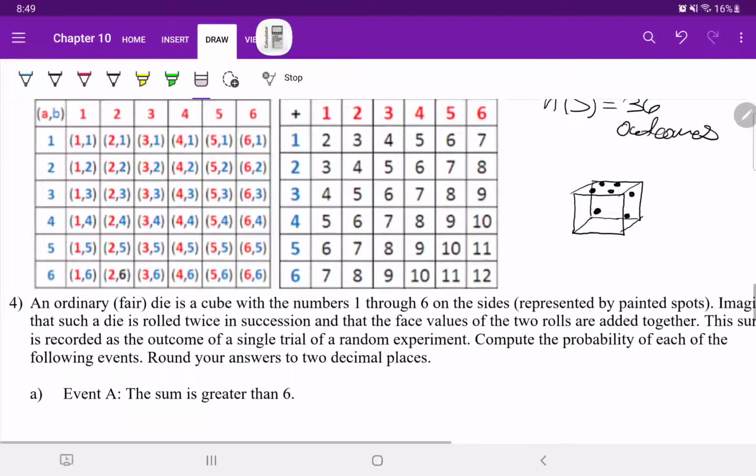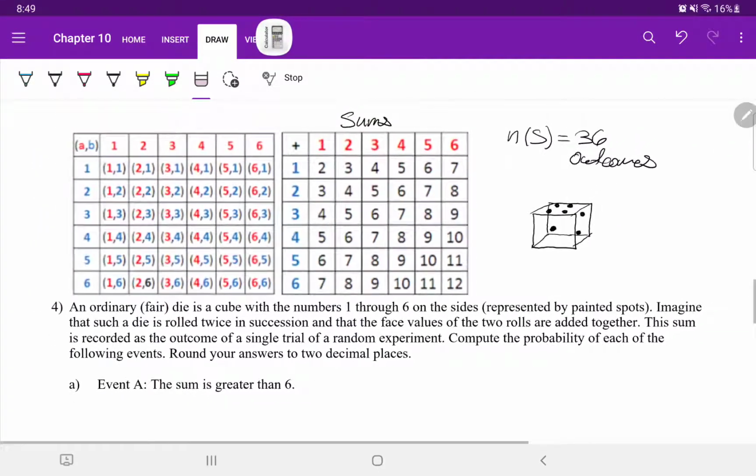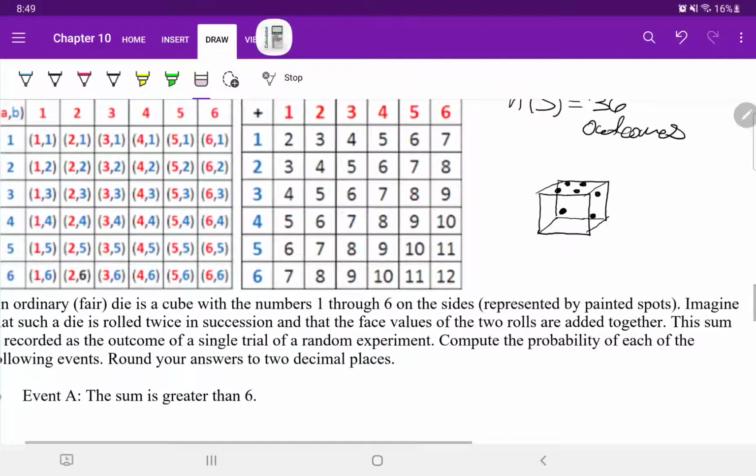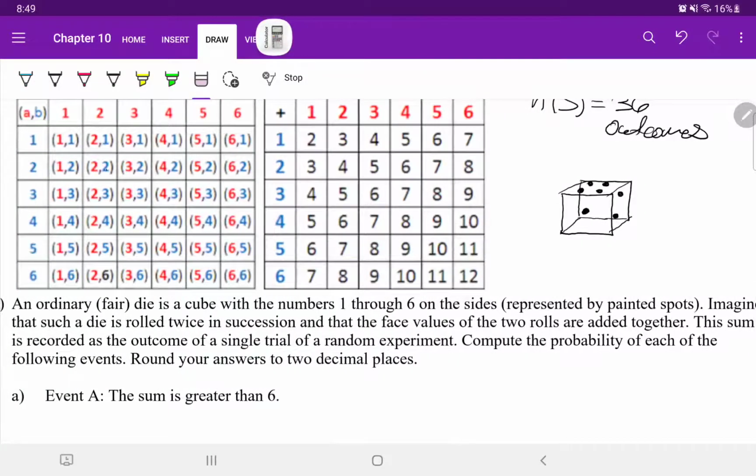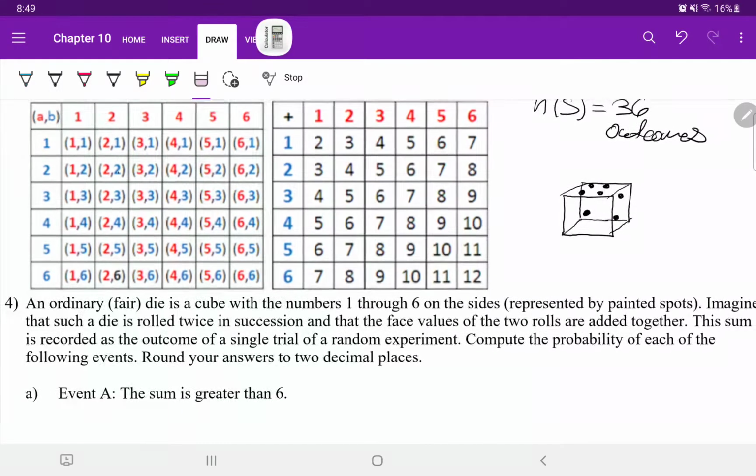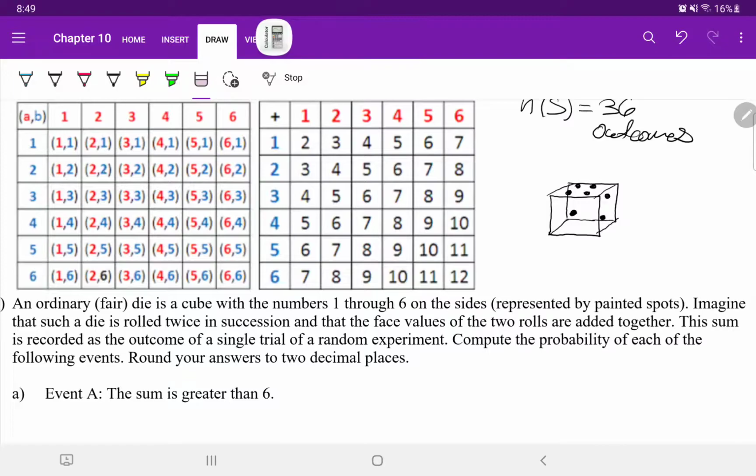It says an ordinary fair die is a cube with numbers 1 through 6 represented by painted spots. Imagine that such a die is rolled twice in succession and the face values of the two rolls are added together. This sum is recorded as an outcome of a single trial in the probability experiment.